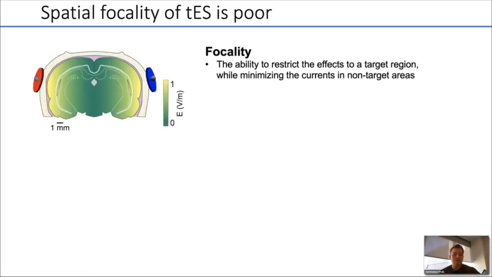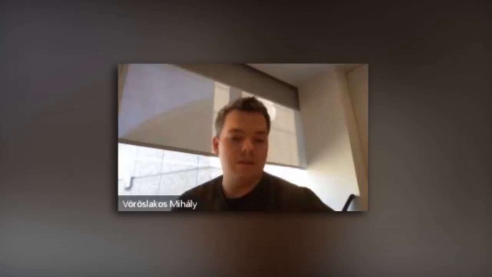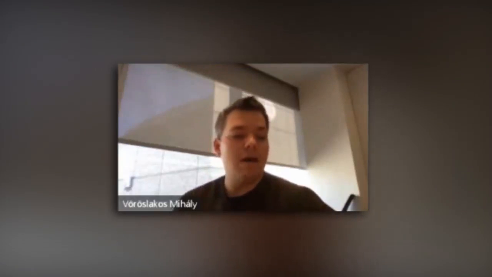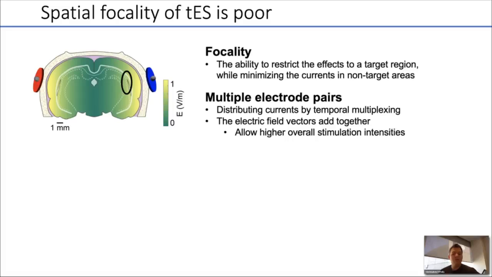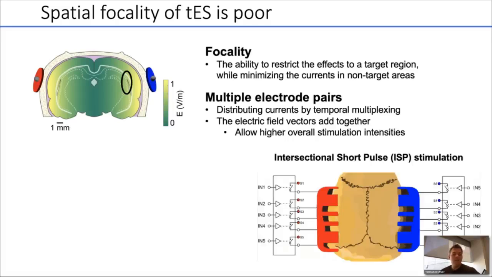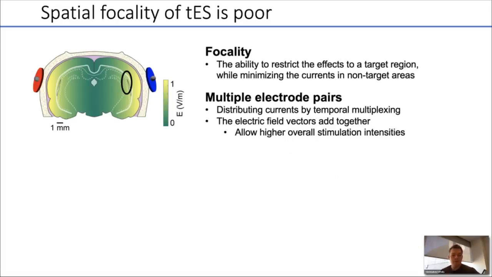Next one. Unfortunately, the spatial focality of transcranial direct current stimulation is relatively poor. Focality refers to the ability to restrict the effects to a target region while minimizing the currents in non-target areas. For example, you can see this black circle on the right side that would refer to a focal effect, only influencing neuronal activity in this particular region of the brain.